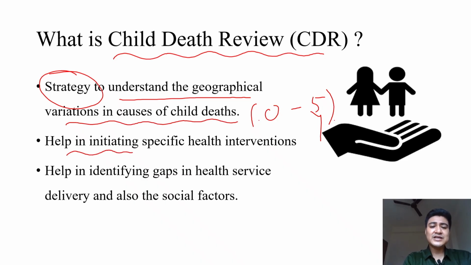It helps in initiating specific health interventions. Which area to focus on? What are the common causes of child death prevalent in the particular area? How to tackle them? What strategies to follow to reduce the proportion of child death? All such interventions can be framed with the help of child death review.